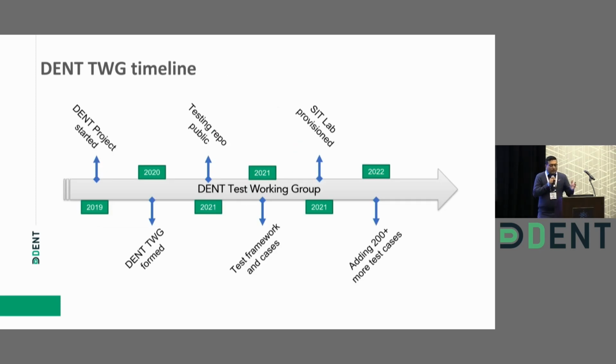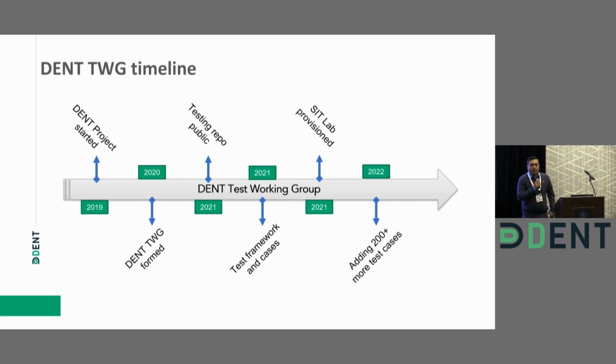So a quick overview of the timeline. As previous speakers mentioned, like Steve mentioned, in 2019, DENT was started, December 2019, I think Jason mentioned that timeline. We started engaging with this ecosystem back in 2020 when the test working group was formed. And then in 2021 we made the testing repo public.